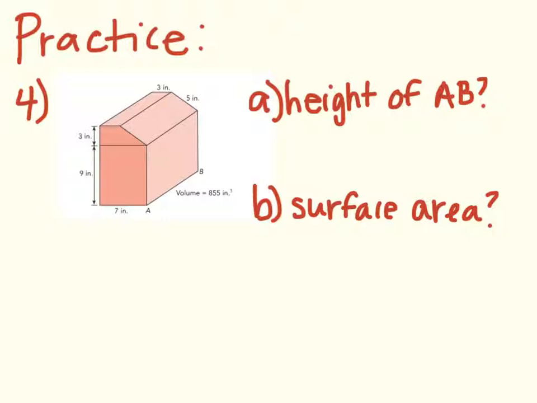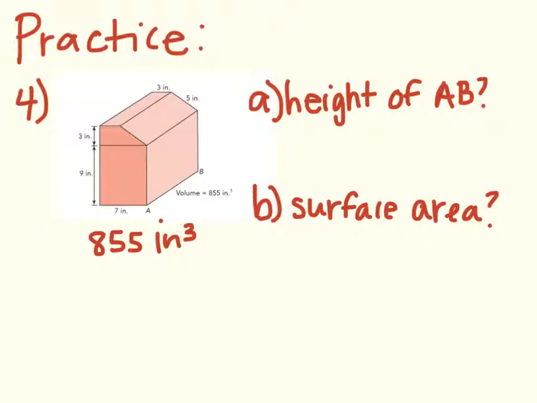Okay, folks, last one. A storage chest is shaped like a prism with bases that are pentagons. The diagram shows some of the dimensions of the storage chest. The volume of the storage chest is 855 cubic inches. First, find the height AB of the prism.